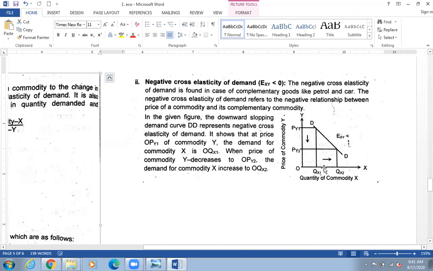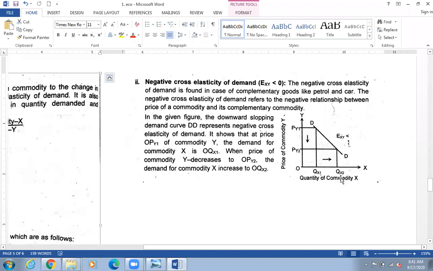Price घट्दाखेरि demand बढ्छ. Price बढ्दाखेरि demand घट्छ. उल्टो रिलेसन छ यता है. सस्तो भयो भने किन्छ नि हैन तिमीहरु. So PY1 देखि PY2 जाँदाखेरि the demand will increase from QX1 to QX2.